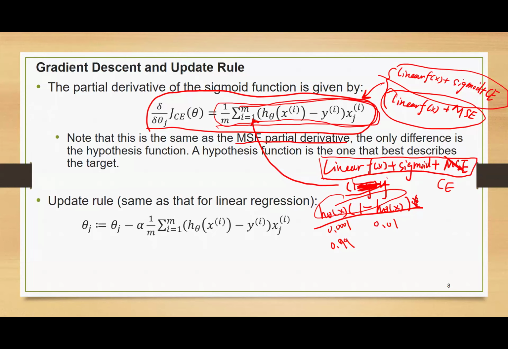And the update rule is also the same as the one we talked about in the previous class. Alpha here is the learning rate. And this is the group of parameters in the previous step, and theta j is the parameter in the next step.